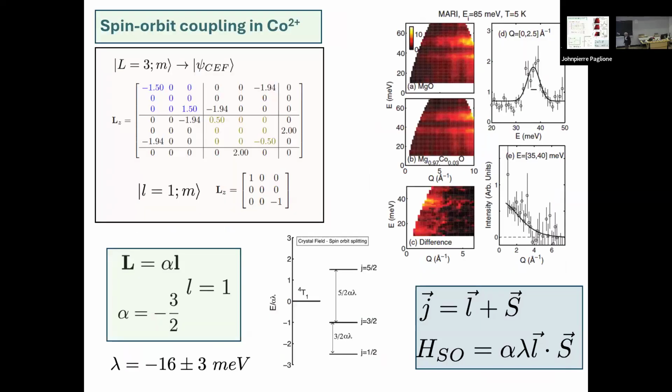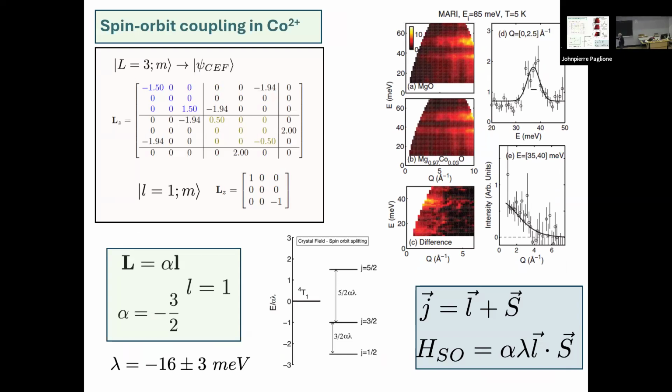I should just say, and this is just a detail, that when you make this mapping down to an effective L equals 1 state, for example for cobalt, iron, or vanadium, there's usually a projection factor that's tied to that. That really just corresponds to the fact that you get the right angular momentum operators for L of 1.